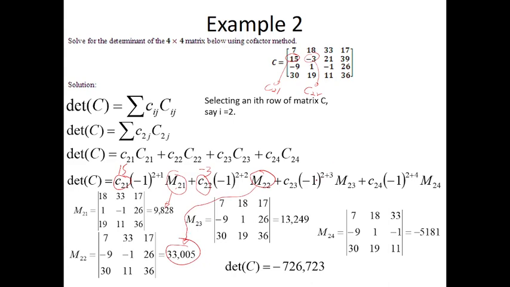Then second row, third column, that is 21. Then this one, 13,249.